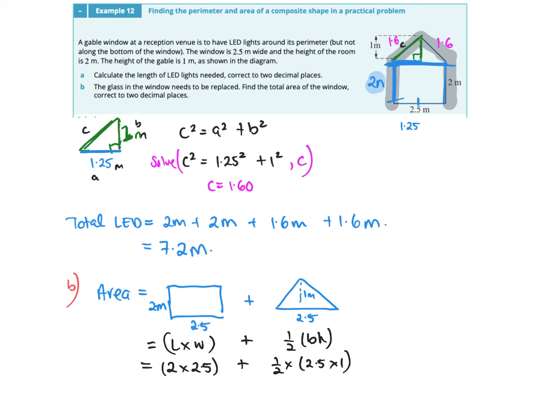And, sorry, running out of room. I'm going to go over here. So equals, do that all on your calc. 6.25. Okay, and that would be meters squared. So it said correct to 2 decimal places, but that is 2 decimal places. So 6.25 meters squared, and you're done.